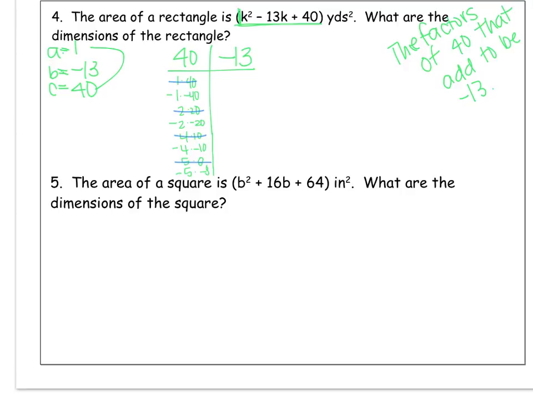When I did 5 plus 8, I got positive 13, so negative 5 plus negative 8 is going to give me that negative 13 that I'm looking for. So the factors of 40 that add to be negative 13 are negative 5 and negative 8. So the dimensions of my rectangle are going to be x minus 5 and x minus 8.